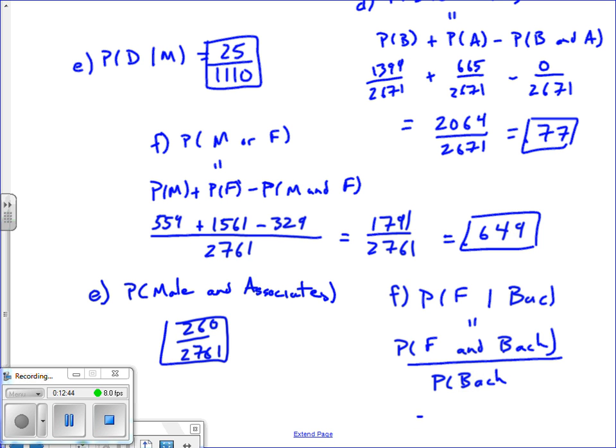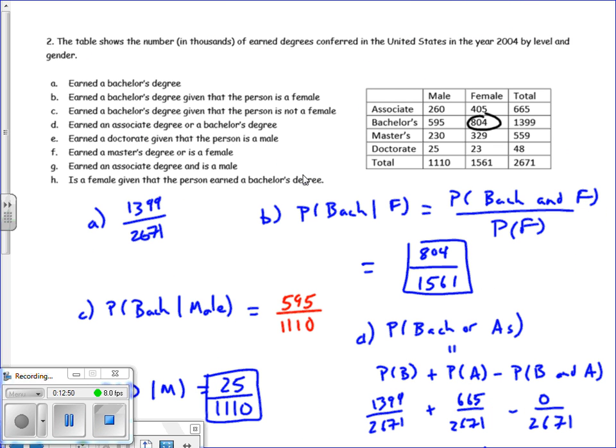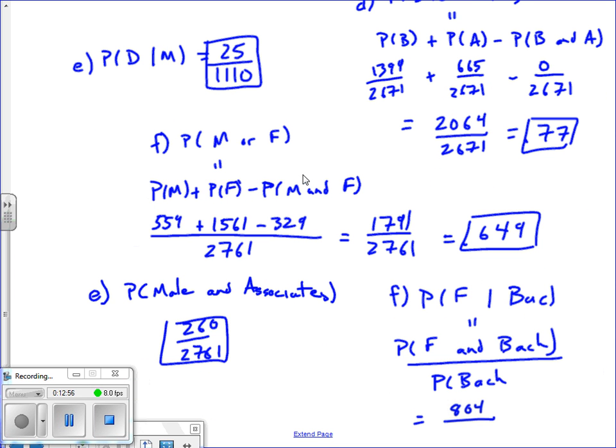This would be equal to 804 over the probability that someone gets a bachelor's degree. The bachelor's degree was 1399, out of the 1399. And I'm not even putting the denominators in here because as we saw in class one day, those will all just cancel out.